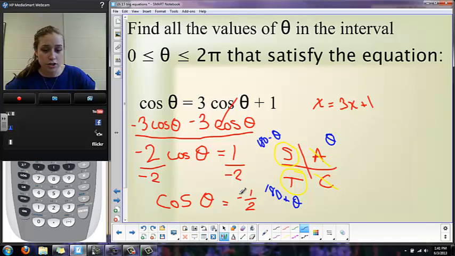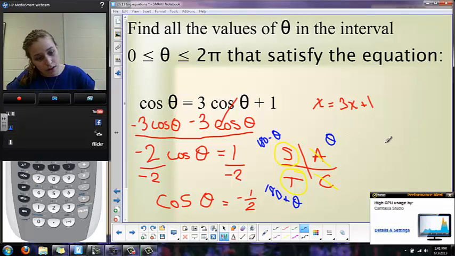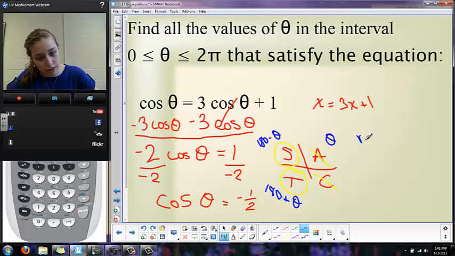Here's what I need you to do. Whenever you have a negative answer like this, so your answer does not include this theta, I want you to make a little note on your paper like this, reference angle. And I'm going to write that the reference angle is 60 degrees. Now I know that from the magic table, which you should probably have out in front of you.